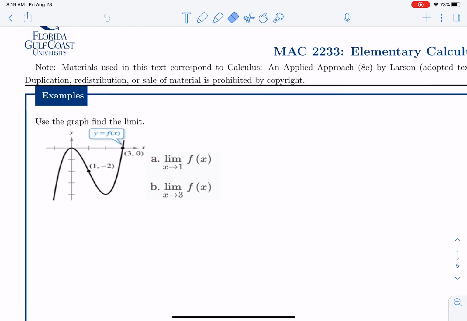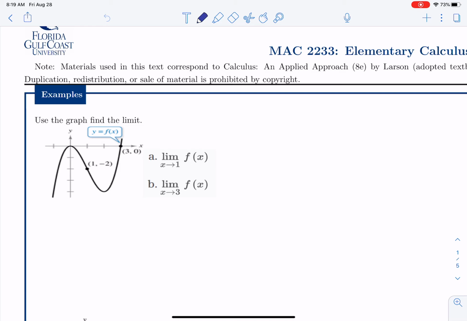So if the function doesn't have any breaks, we call it a continuous function.